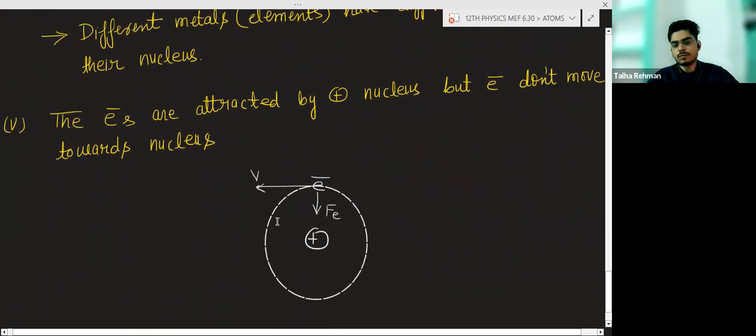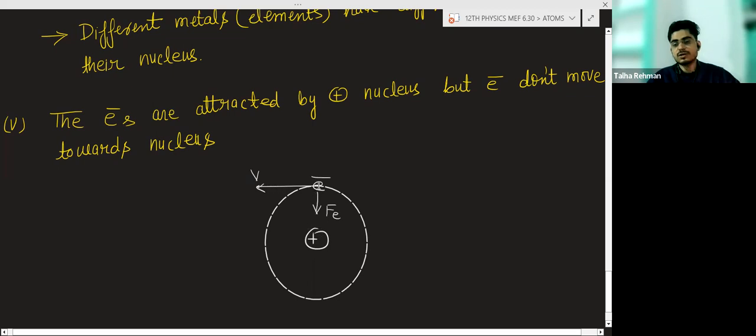Because the electrons revolve in circular orbits. This electron is attracted by the nucleus because it is negatively charged and the nucleus is positively charged, so there will be an electrostatic force of attraction. But this electron is not moving towards the nucleus.